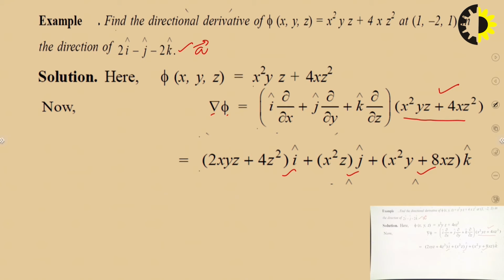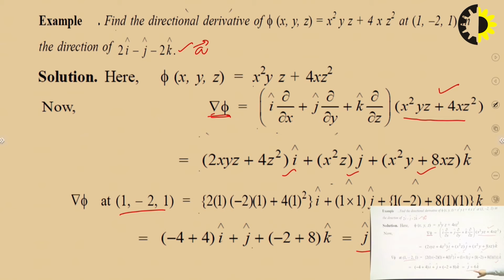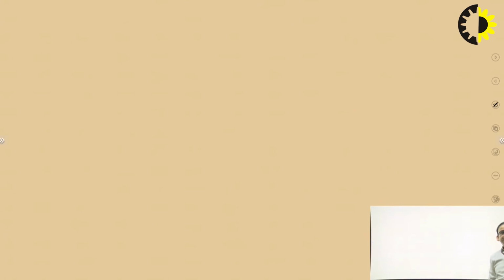These are the derivatives in the direction of the coordinate axes, and then we will find the gradient of phi at a particular point, that is the normal vector at a particular point, after substituting the values of x, y, z, and then finally solving, we get this as the normal vector to the surface, that is the gradient of the given surface, which is j cap plus 6 k cap.